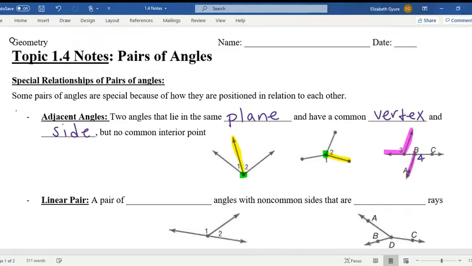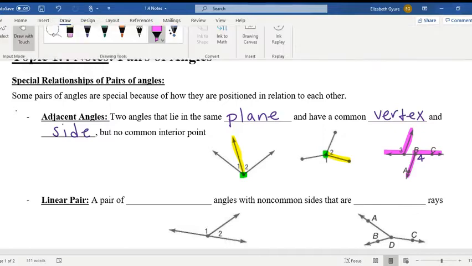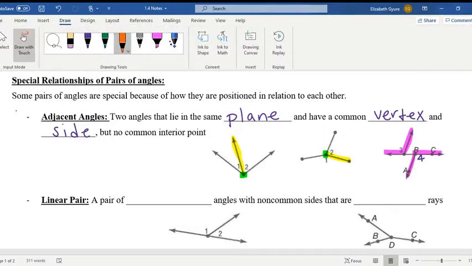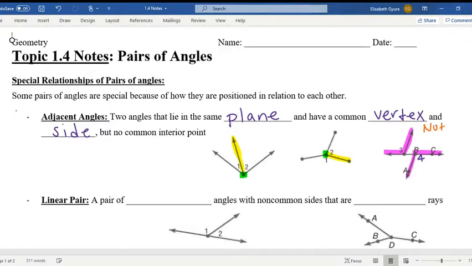So these are not adjacent. They do not have the same vertex, right? They do not share a side. These would not be adjacent. So let's write down next to that, not adjacent. Okay, but these two other pictures would work.